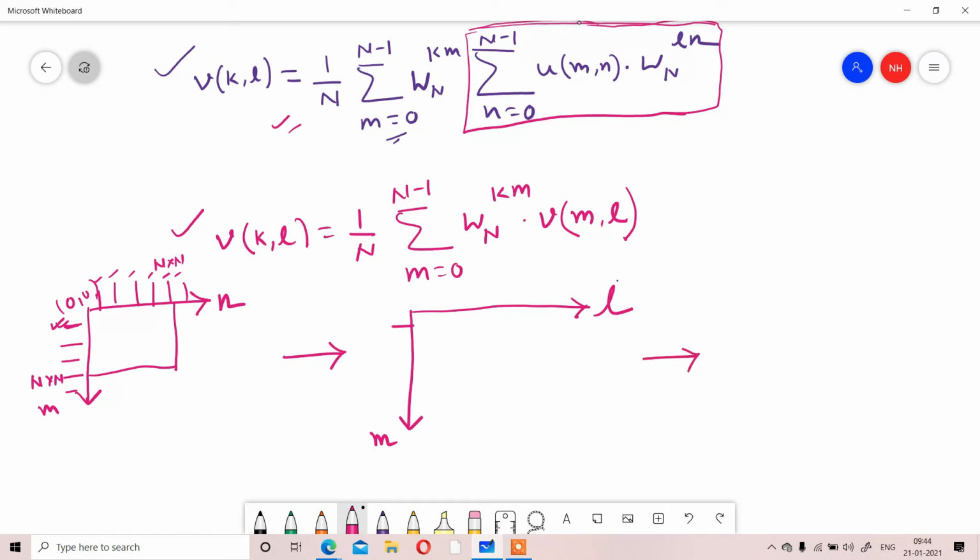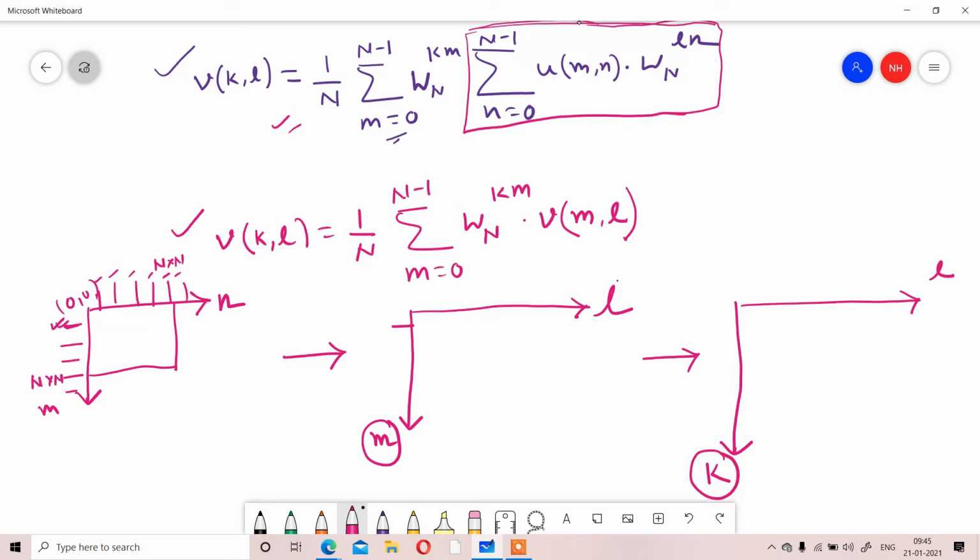Then, whenever we are considering the value of m from 0 to n minus 1, that m is converted to k, meaning the spatial domain m is converted to frequency domain k.